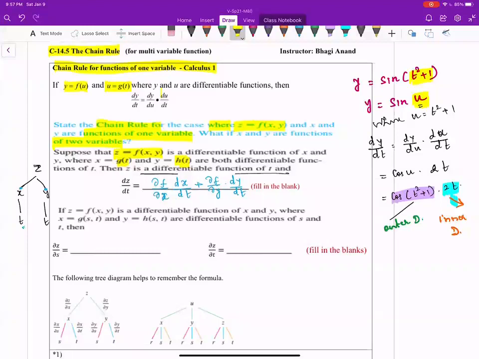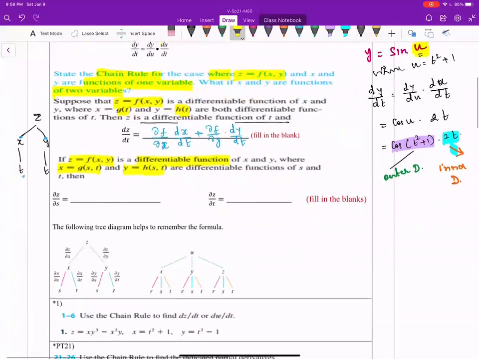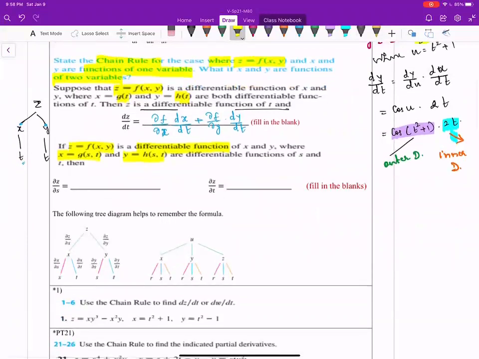Then another variation: if z is a differentiable function of x and y, where x is a function of two variables s and t, and y is a function of two variables s and t as well, and both are differentiable functions of s and t, then look at this tree diagram.